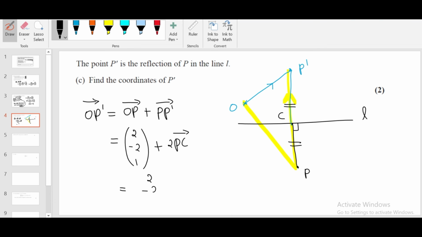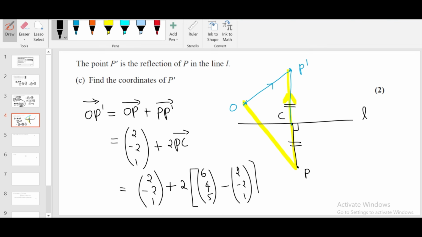So (2, -2, 1) plus 2 times, we have calculated the PC vector already in the previous part. You can use that, or you better use that. Since I rubbed it off, I'm going to use OC minus OP again. We got OC as (6, 4, 5), OC minus OP. Simplify, you'll get OP dash.